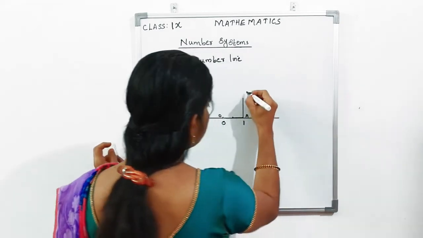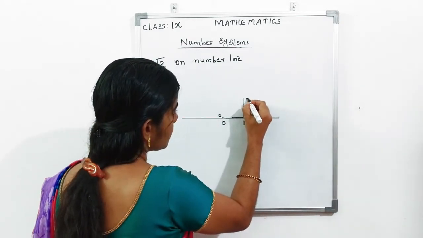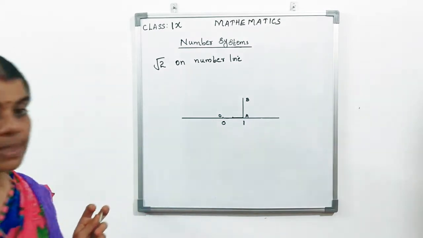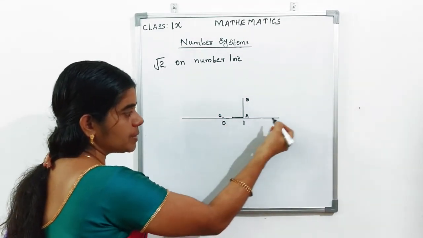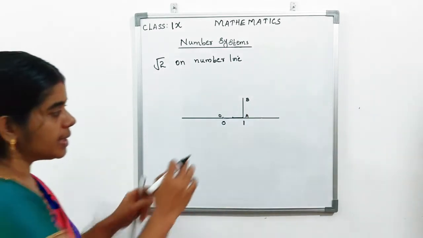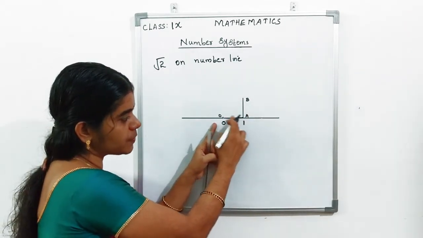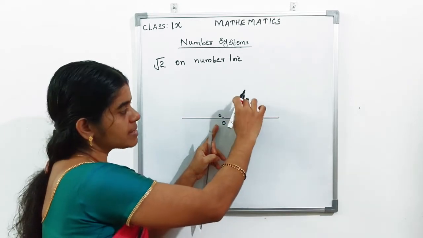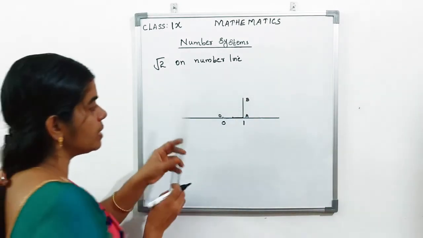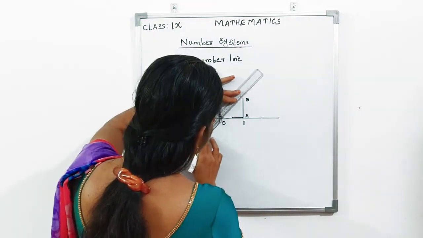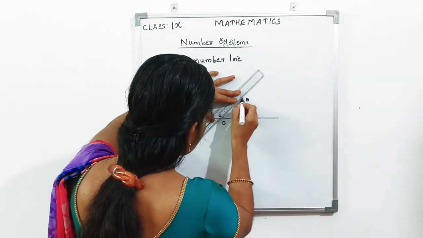This is the point B. First you want to mark a number line 0, 1, 2, 3 like that. For OA, the same distance you want to take for AB, and then you want to join O and B.